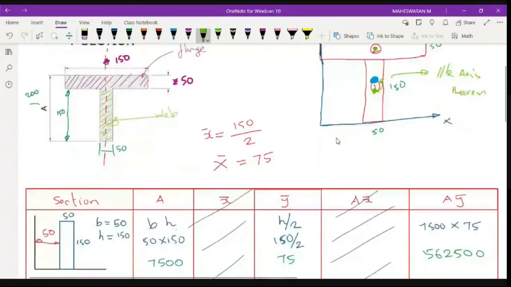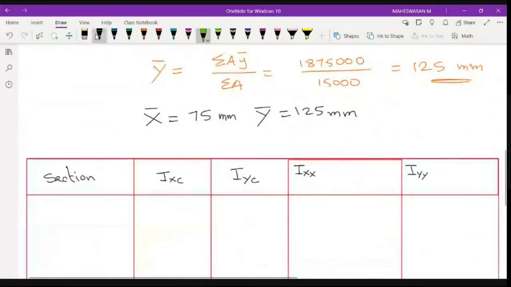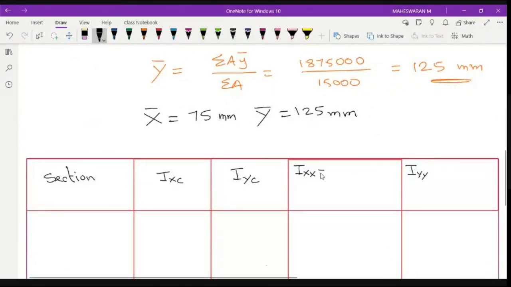In that case, this IXX formula is equal to IXC, the moment of inertia with respect to the centroid, plus the area we are considering into, right? If you consider XX, you will get Y here, because in the parallel axis theorem your distance will be perpendicular to it.